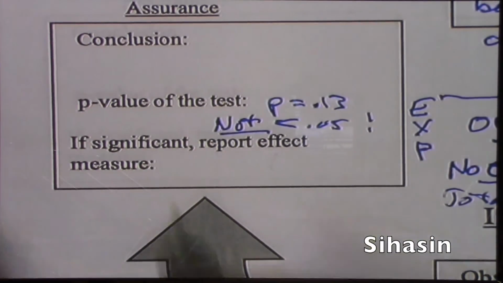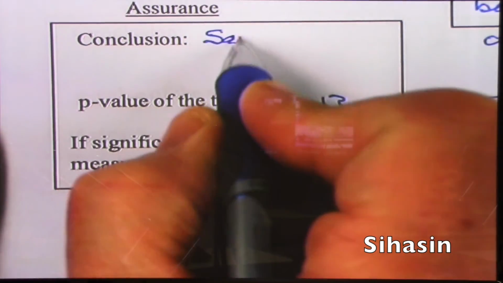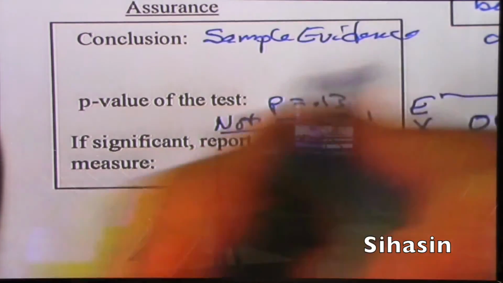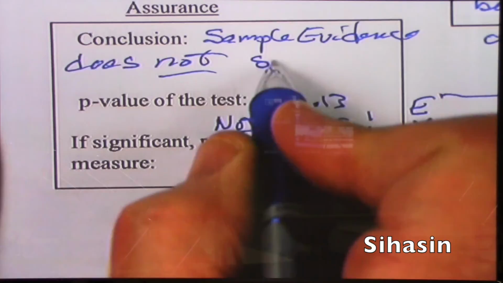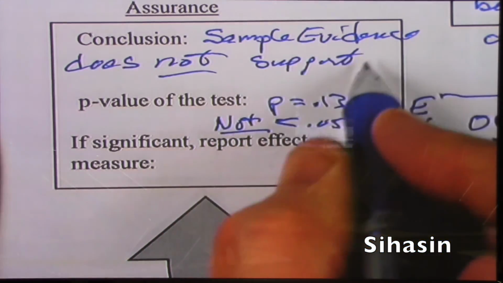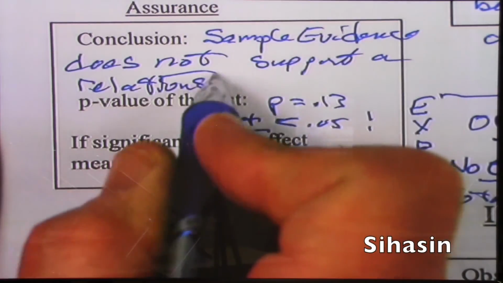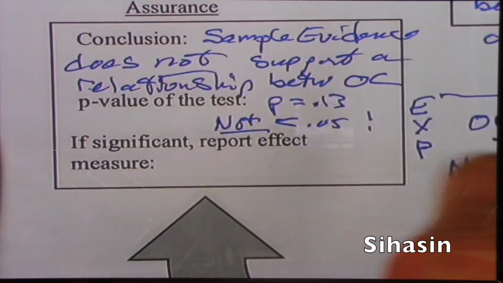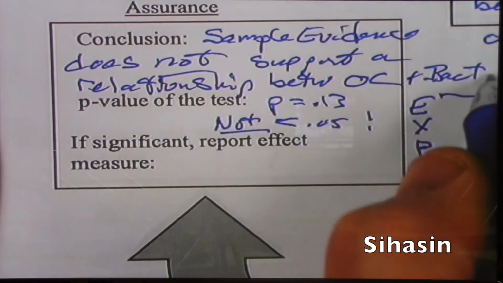So what you can write here is that the sample evidence does not support a relationship between OC use and bacteriuria.